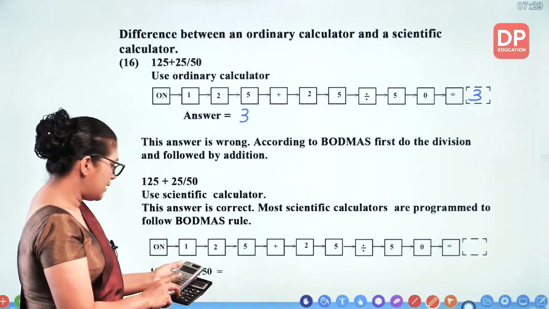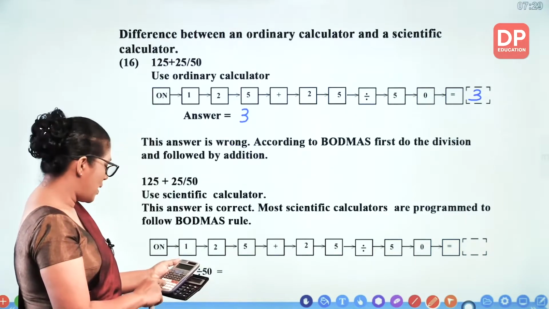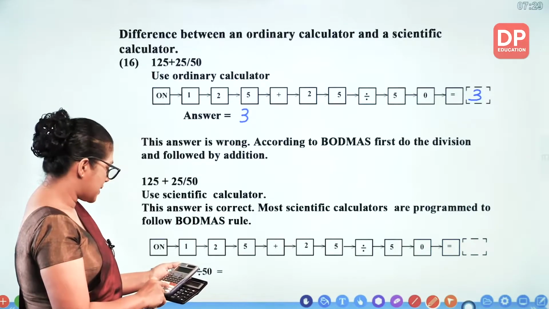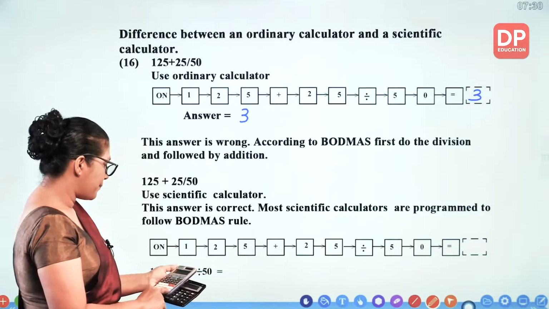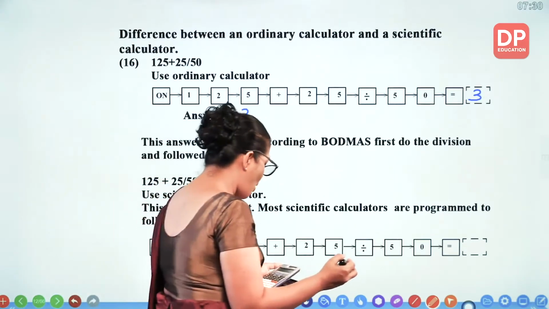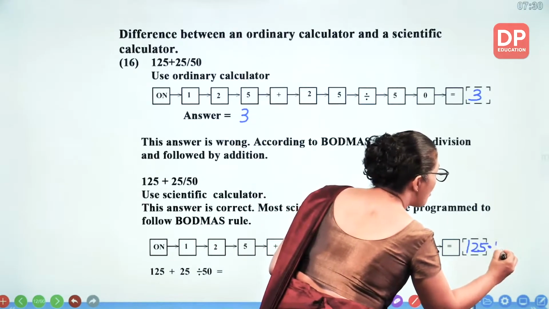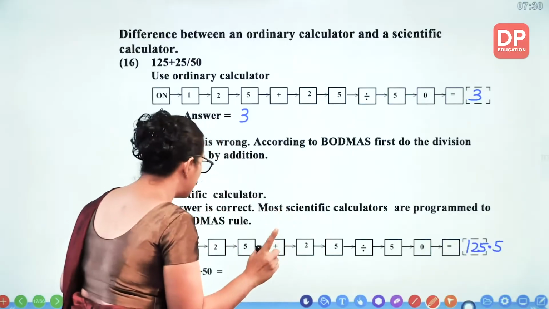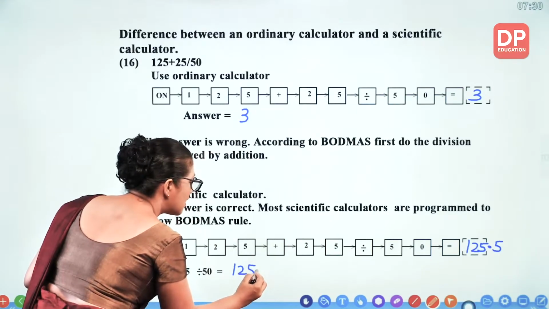So I'll check that using the scientific one. 125 plus 25 divided by 50, I get 125.5. So that's the correct answer.